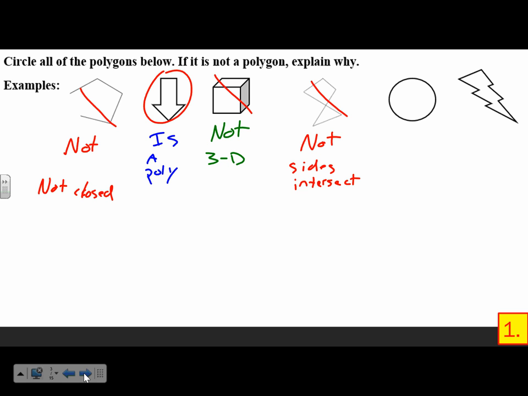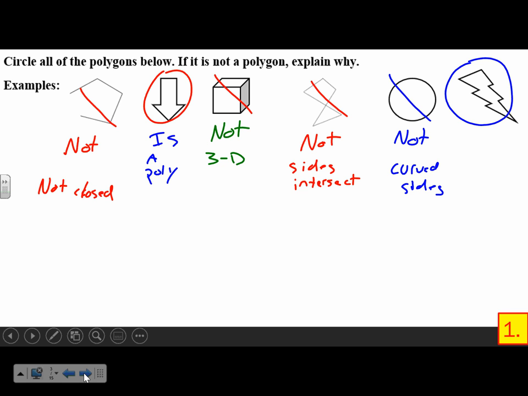Maybe a better way to say it is the sides intersect where it's not a vertex. The next one's not, because it has curved sides. And the last one is, because it's closed, it has no curved sides, it's not three-dimensional, and none of the sides intersect unless it's at a vertex.